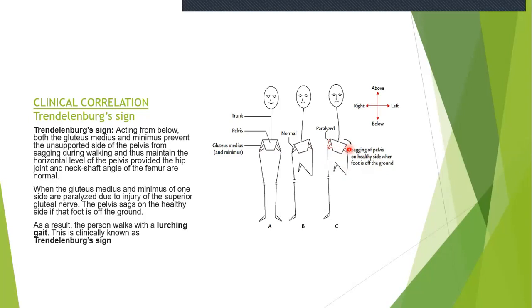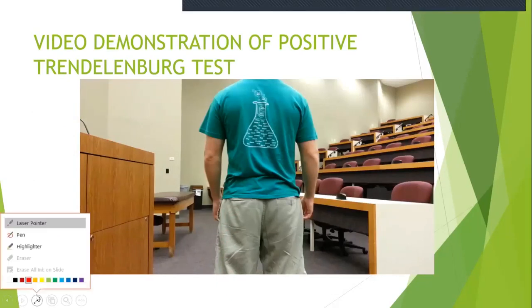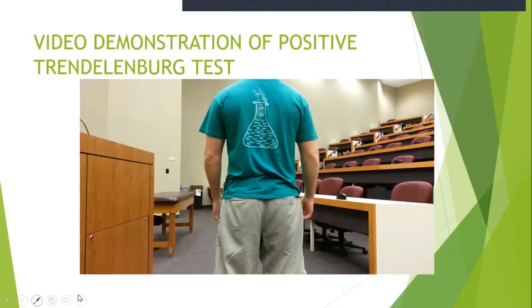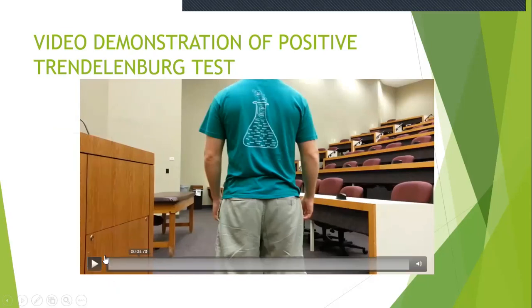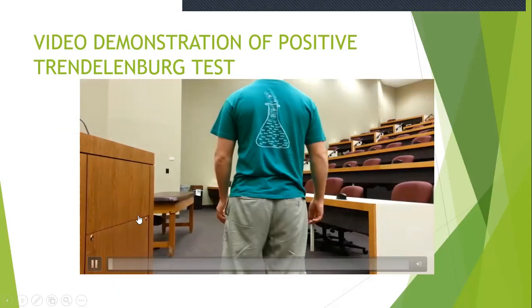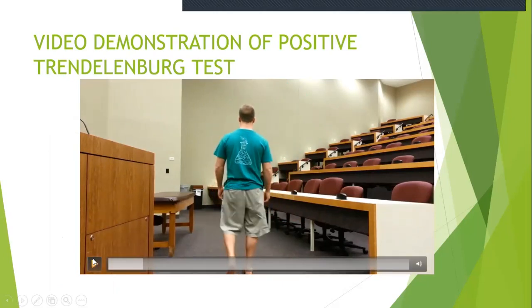Okay. Now I want you to look at something here at this guy, and you will see a positive Trendelenburg sign. So can you look? You can see how he's walking. Don't think that is a swagger. You can see this side of the patient is sagging.